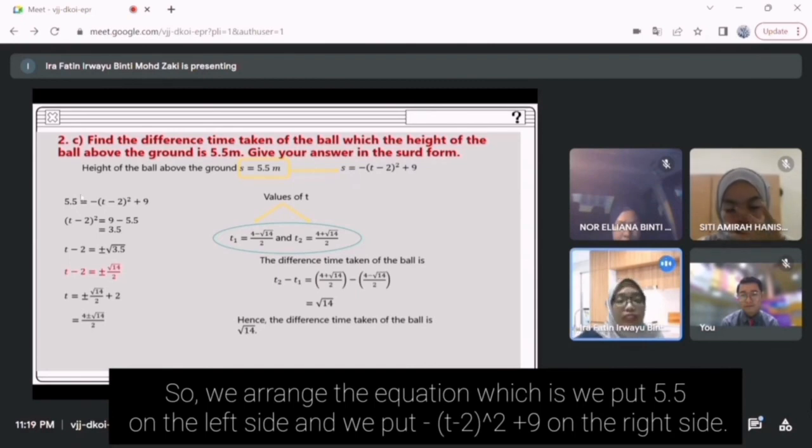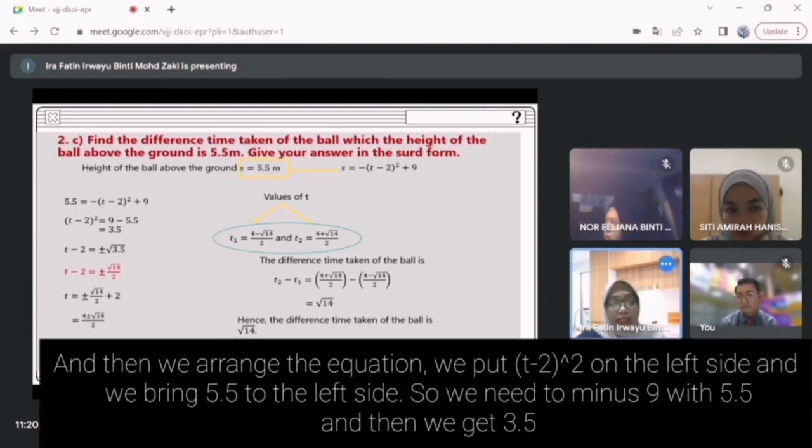We arrange the equation, putting 5.5 on the left side and negative t minus 2 squared plus 9 on the right side. Then we put t minus 2 squared on the left side, and 9 minus 5.5 gives us 3.5.